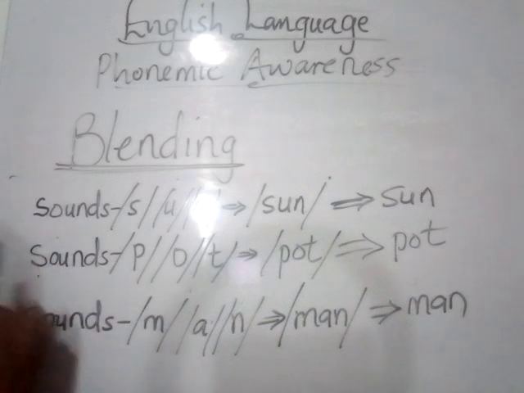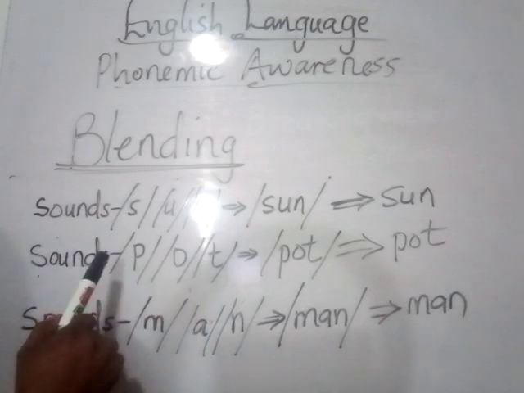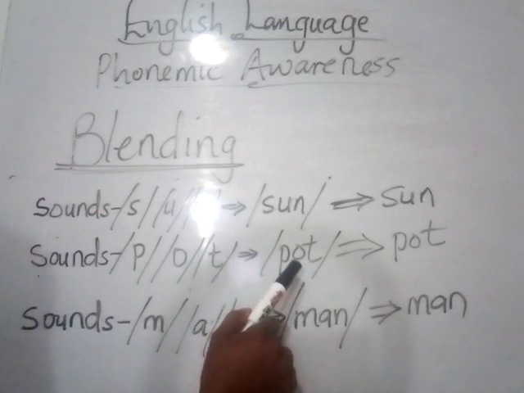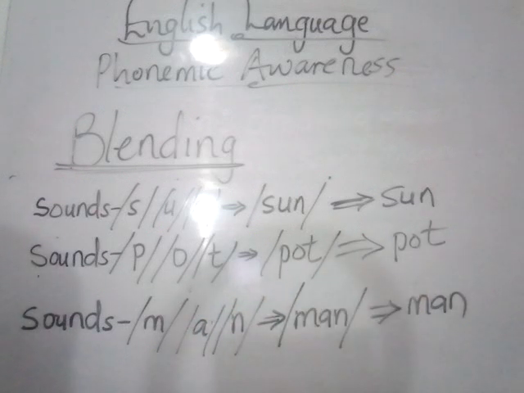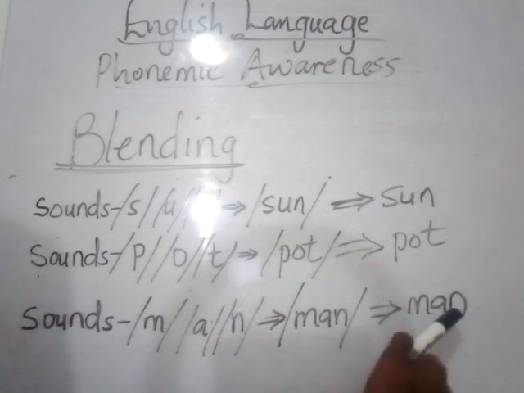The second example sounds p, t, gives the sound pot, and that is the word there, pot. The last example here is m. The sounds of the individual phonemes are m, a, n, giving the sound man, and that's the word that you have as man.